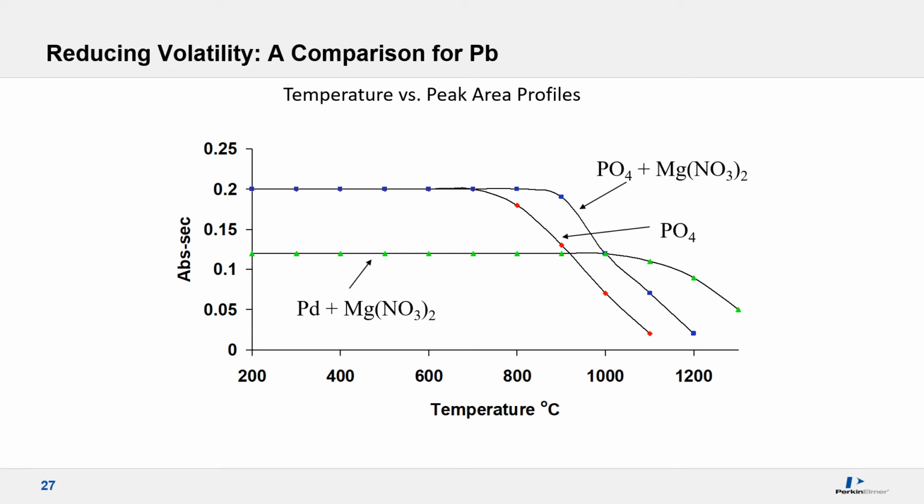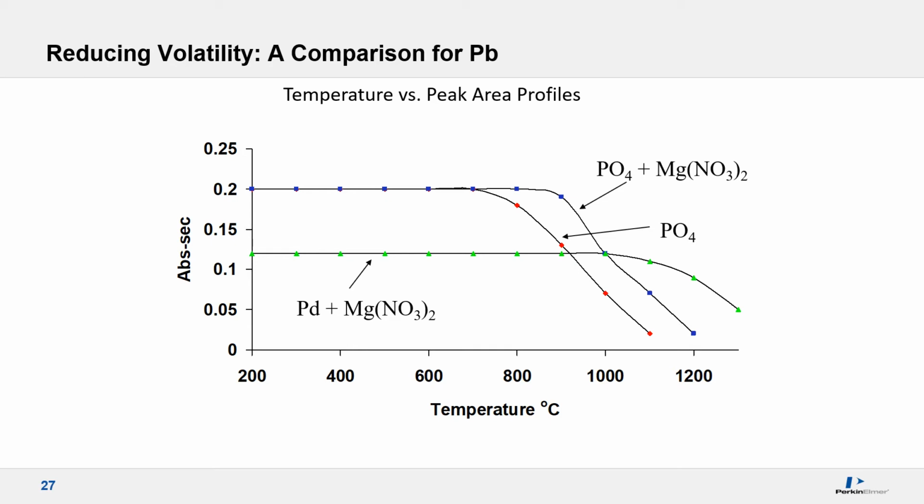The second point is that although the sensitivities are the same, notice we gain some additional charring capability with the phosphate magnesium nitrate combination. In this case, the magnesium nitrate is acting as a helper modifier, performing some matrix equalization in addition to the thermal stability provided from the phosphate.